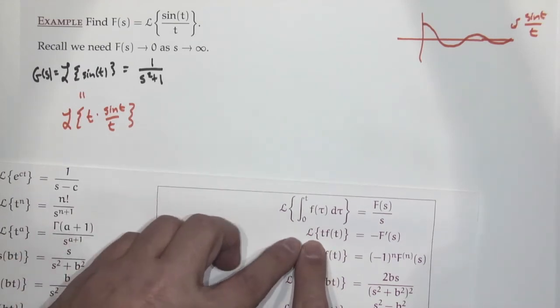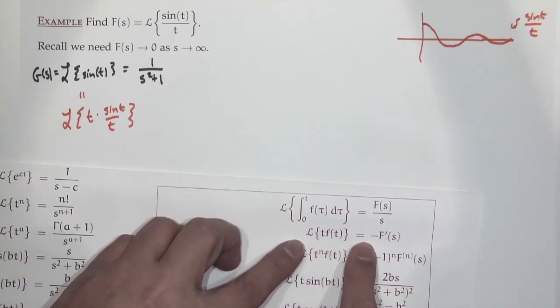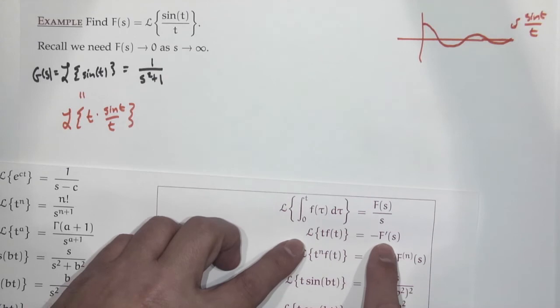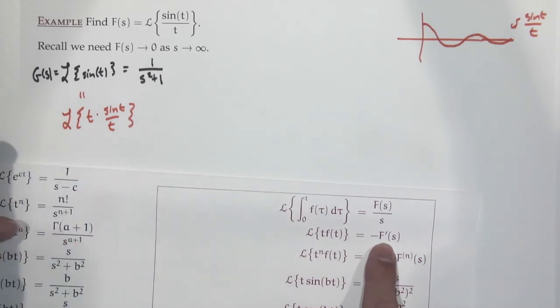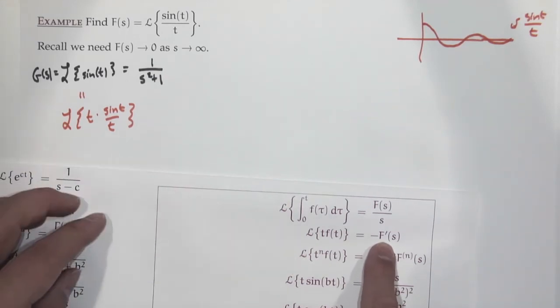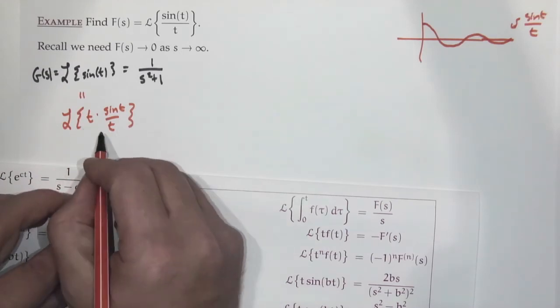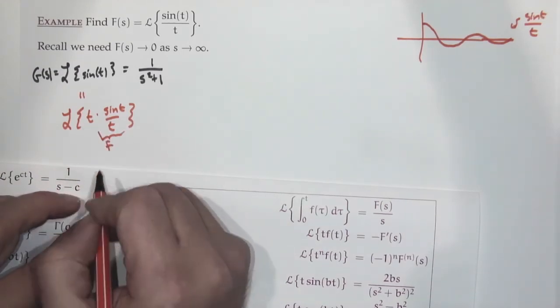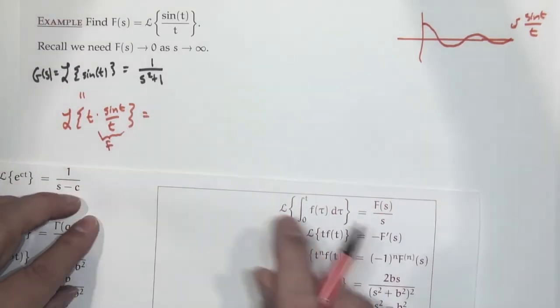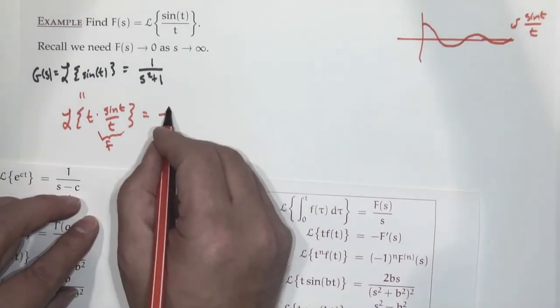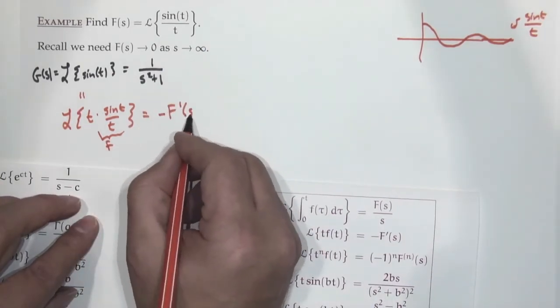The Laplace transform of t f of t is negative f prime of s. Okay, so this right here, this is our f. So according to this rule, this is negative f prime of what we want.